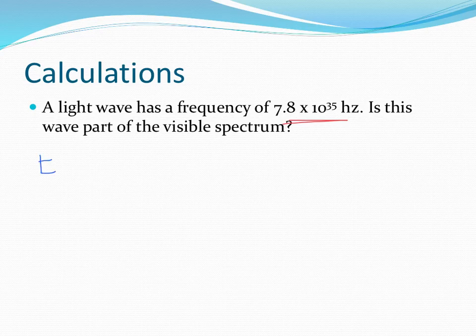So if I were to do this, I have speed of light is equal to frequency times wavelength. Wavelength is going to be equal to the speed of light over frequency.